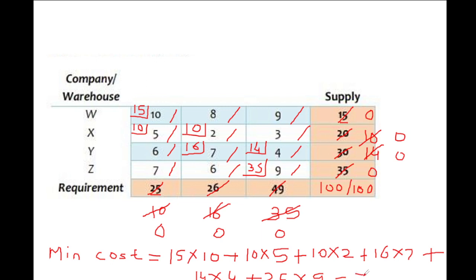The total comes to 703. So this is going to be our minimum cost. This is all about finding the initial feasible solution by using the northwest corner method.